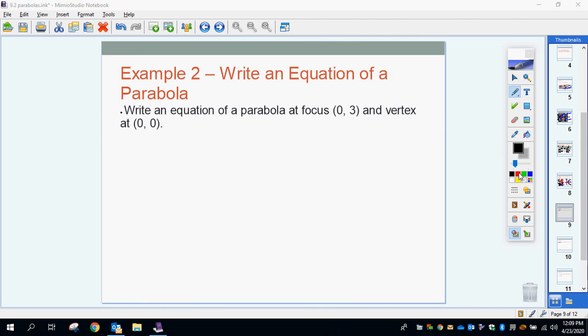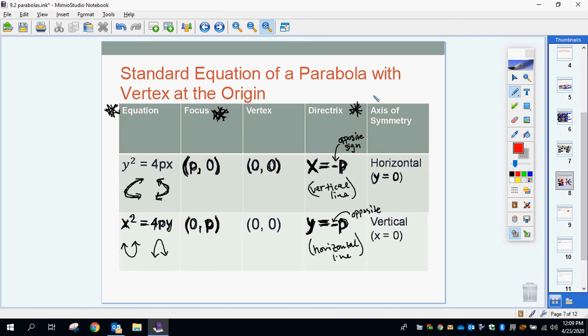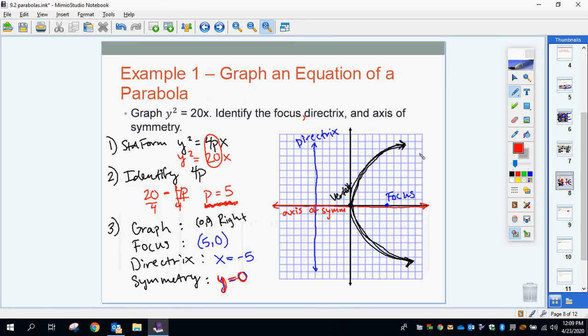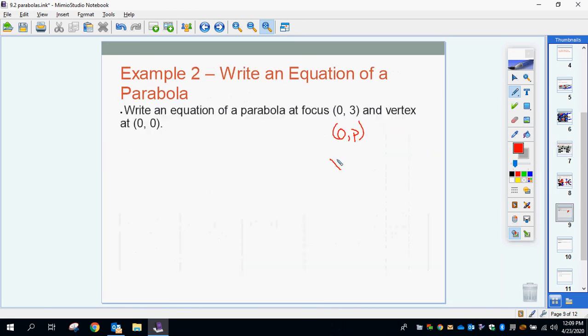So I like to work backwards. If the focus is 0, 3, that means we have a focus of 0, comma p. A focus of 0, comma p means our equation starts with x squared. So we know we're going to be using x squared equals 4 times p times y as our equation.